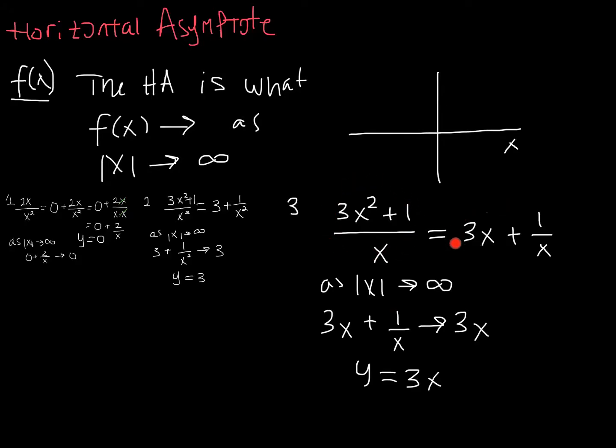because as you notice, our function, this kind of funky looking thing, which I've simplified here, as x is approaching infinity, I'm really just worried about this 3x, because 1 over some huge number is going to get closer and closer to 0.